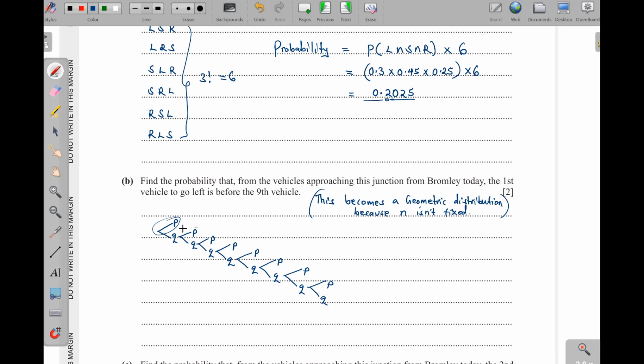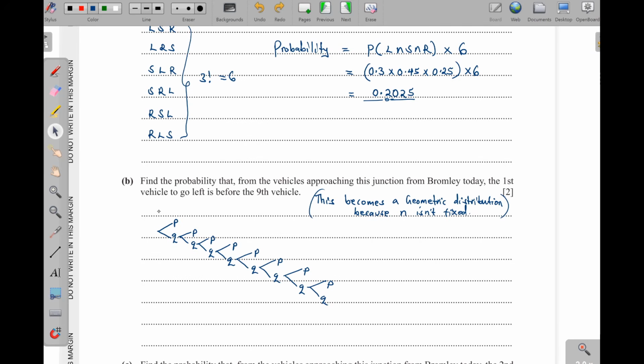So you have P, QP, Q squared P, Q cubed P, Q power 4 P, Q power 5 P, Q power 6 P, Q power 7 P. Those are the ones that you are going to add all together. But do you realize that only this one is left out? And you know that total probability is always equal to 1.